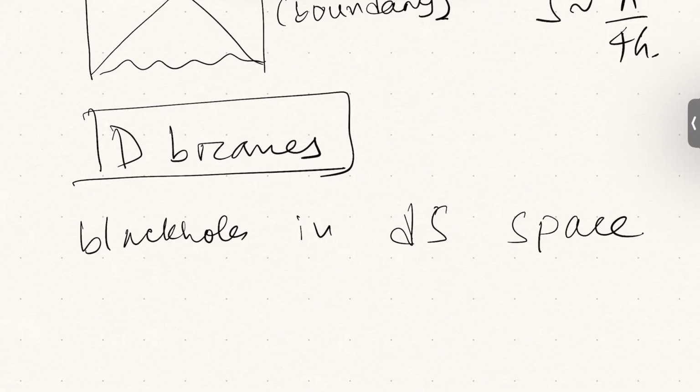But again, those black holes are supersymmetric and in anti-de Sitter space. Our universe is definitely not supersymmetric, so we don't know how to handle these real world black holes.